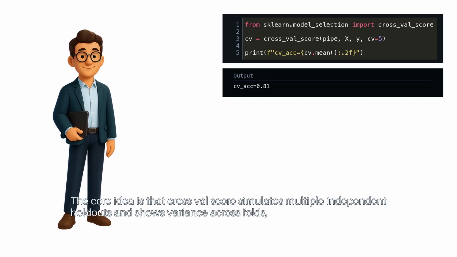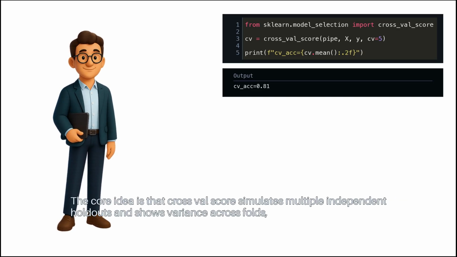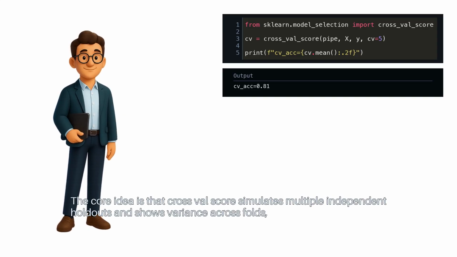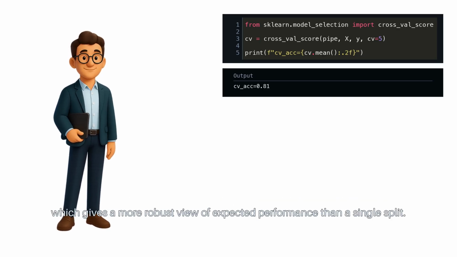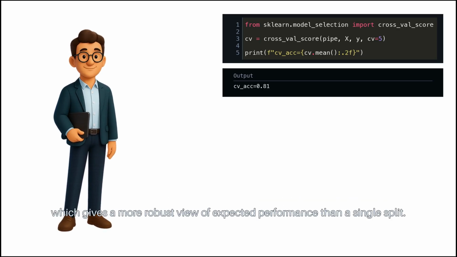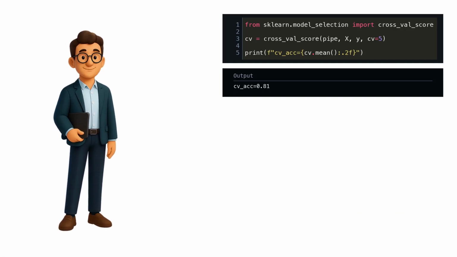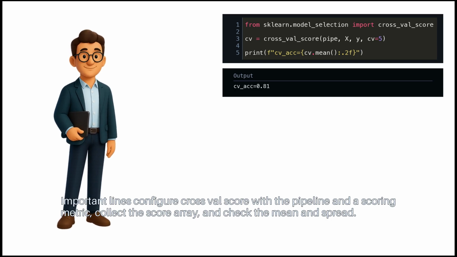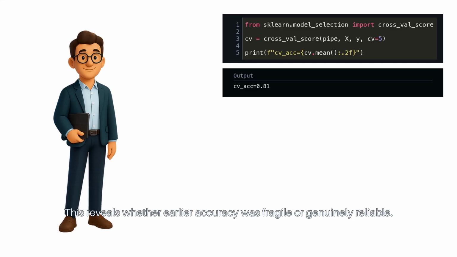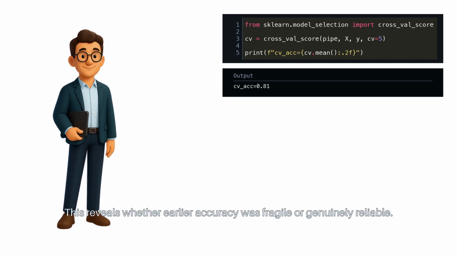The core idea is that cross_val_score simulates multiple independent holdouts and shows variance across folds, which gives a more robust view of expected performance than a single split. Important lines configure cross_val_score with the pipeline and a scoring metric. Collect the score array and check the mean and spread. This reveals whether earlier accuracy was fragile or genuinely reliable.